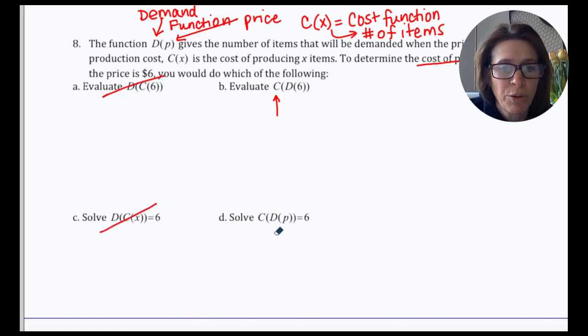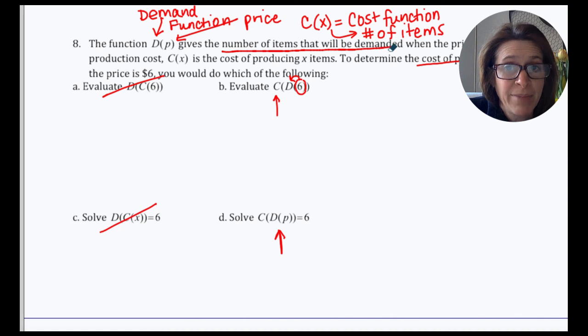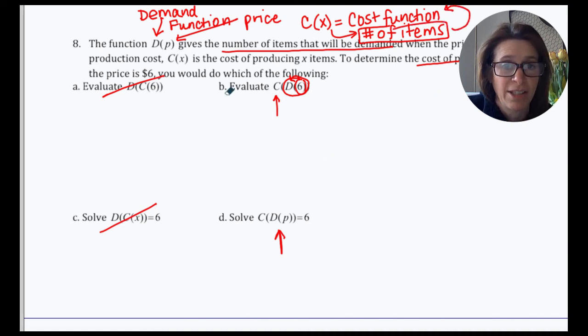So it's either this one or this one. If I plug the price of $6 into the demand function, I'm going to get the number of items that will be demanded, okay? So that result is going to give me the number of items, which I then plug into the cost function to get the cost. So my answer here would be B.